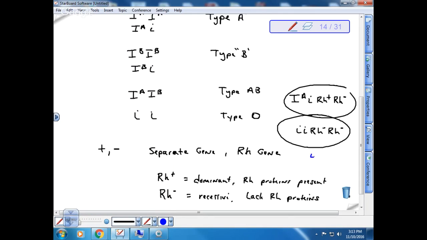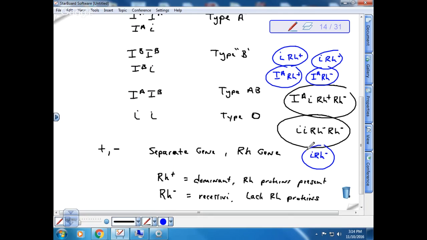So this one could produce this gamete, right? This one could produce 4 different gametes. It could be big A, Rh positive, right? Big A, Rh negative, little i, sorry, I'm gonna write it up here, little i, Rh positive, and little i, Rh negative. Okay, so these would be my gametes.